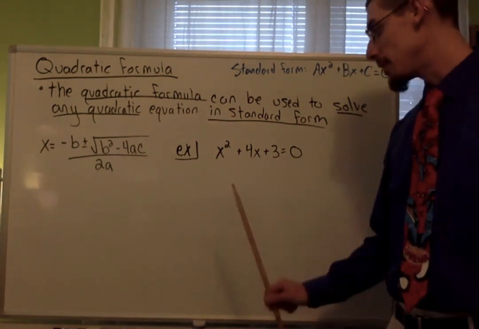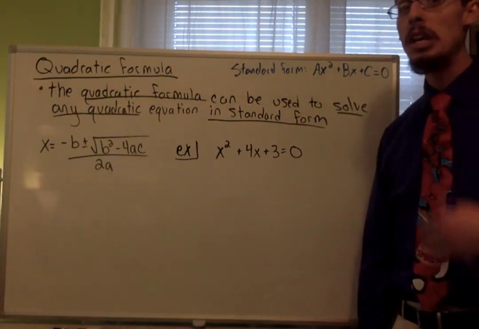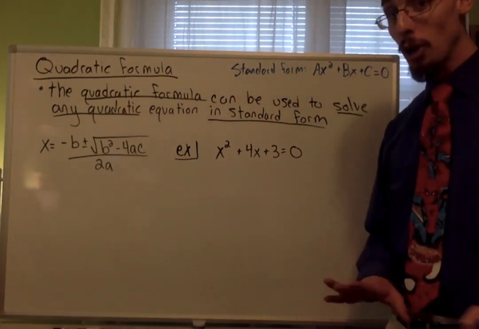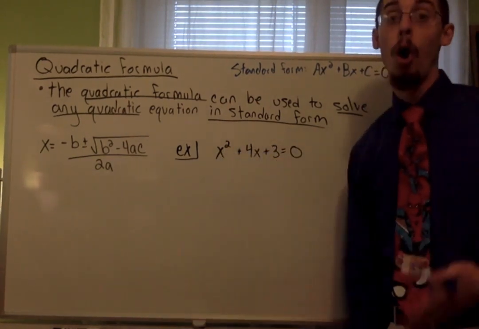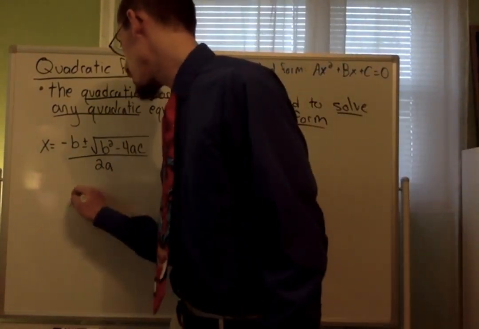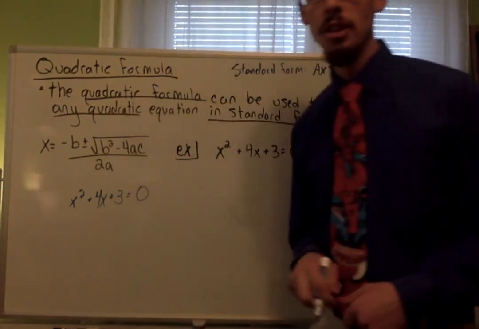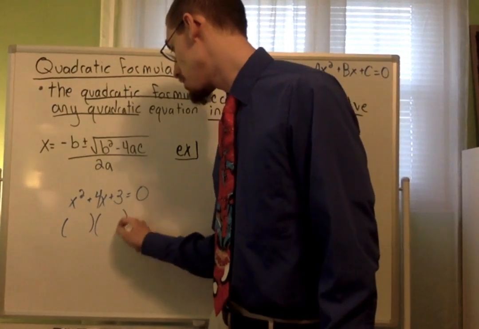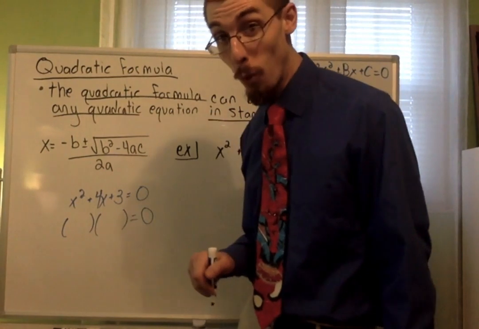So what I did is I have an example here, and this example is actually one that we could use factoring to solve. So I want to show that to you first, just so I can prove that this method also works, right? So x squared plus 4x plus 3. If I was going to use factoring to solve this, you break it down, and you try to figure out what's going to multiply to 3 and add to 4.